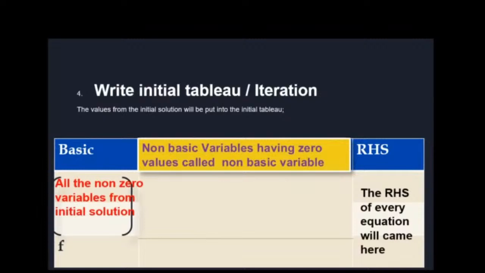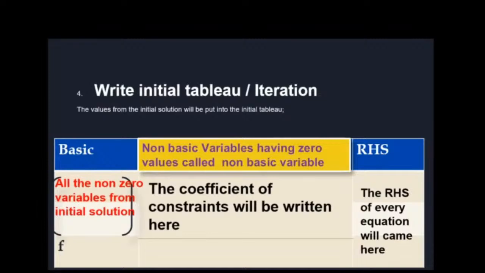And we have the right hand side. The right hand side of every equation will come here. The coefficient of the constant will be written here, and the coefficient of the objective function is written here.